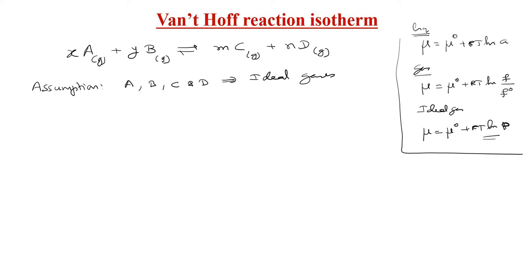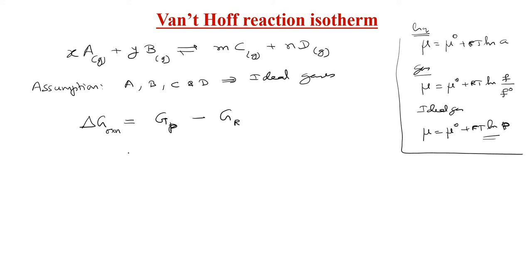Now, what is the change in free energy of this reaction? Delta G, the change in free energy of the reaction, is equal to free energy of the product minus free energy of the reactant. Delta G for the reaction is nothing but Gibbs free energy of the product minus Gibbs free energy of the reactant.